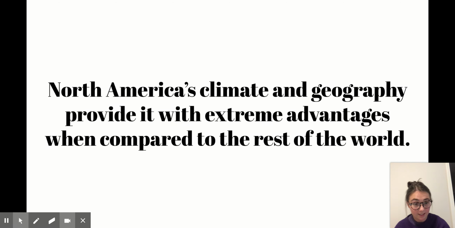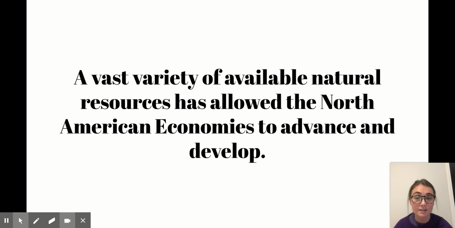Once again, like I said, North America's climate and geography provide it with extreme advantages when compared to the rest of the world. People can live here with relative ease and comfort because a vast variety of available natural resources has allowed the North American economies to advance and develop.